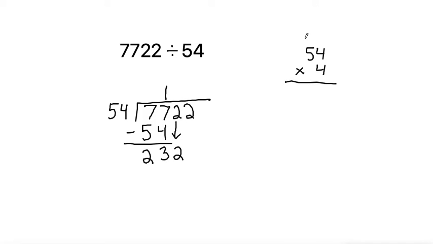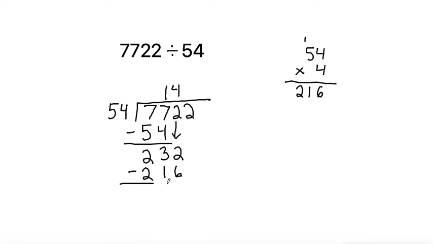So 4 times 4 is 16. 4 times 5 is 20, plus 1 is 21. So now we have 216. Can we add another 54 and still be under 232? No, we couldn't, because that would be over 260. So it can go in evenly 4 times, because we're choosing this number here. So 4 times 54 we said was 216.